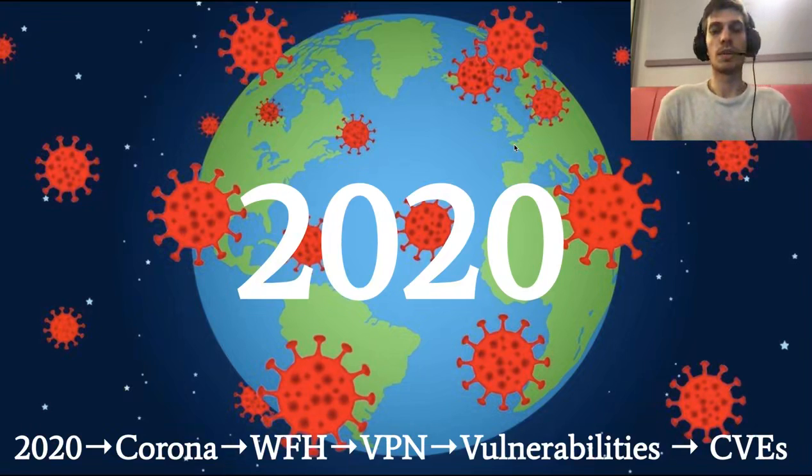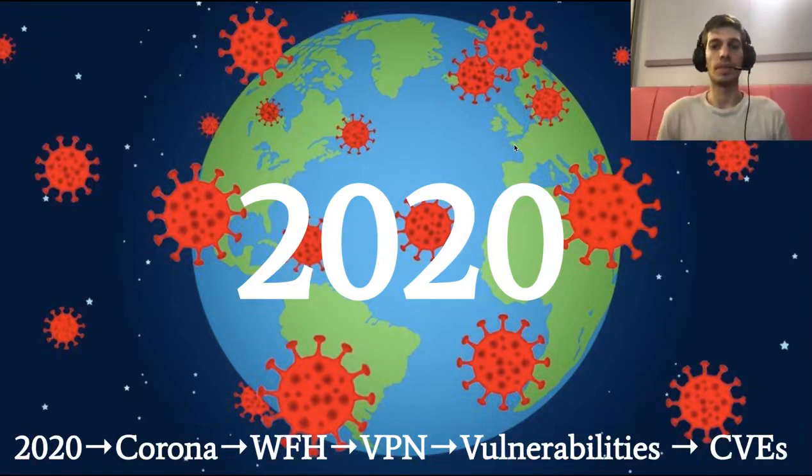So working places started to use VPNs, and VPNs, as you know, allow people to connect remotely to other networks. It's a virtual private network that allows, in this case, employees to connect to their working place without being physically on site.